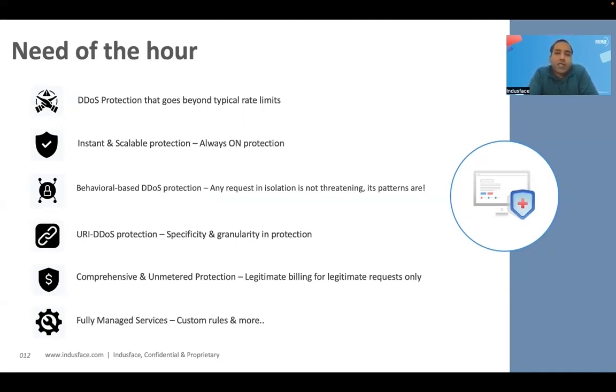These things in isolation do not look like an attack. But all of a sudden, you are seeing multiple requests for these resources, and collectively looking at the behavior of the resource and the behavior of the users, you have to decide whether it is an attack or a legitimate pattern, and then allow it.